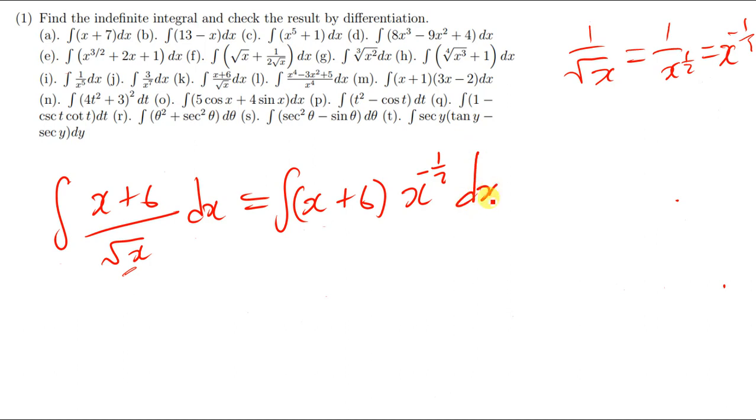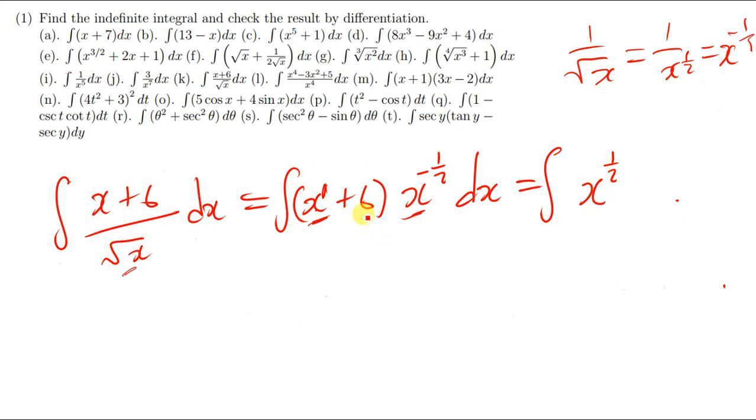Then we say with respect to x, so this will now be equal to, when you multiply x to the power negative half times x, since we're multiplying numbers with the same base, meaning we have x as a base, we add the powers. So when you add 1 and negative half, you get x to the power half.